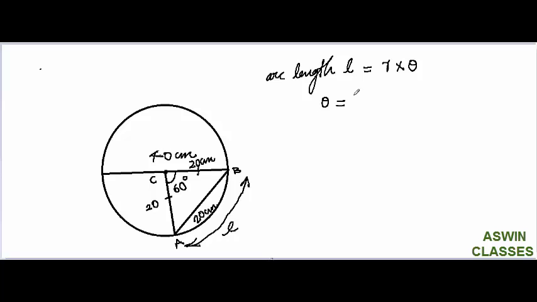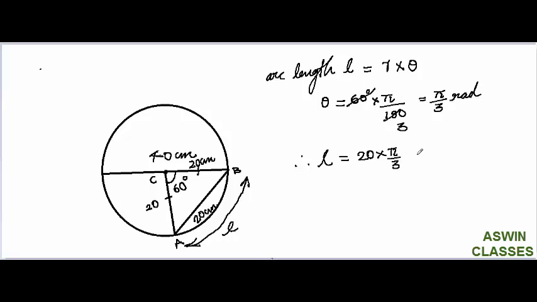So you have to convert that theta into radians. 60 degree, you have to multiply it with pi, then divide it with 180. This 3 times, so your answer will be pi by 3 radian. So the angle is pi by 3. Therefore the length of the arc L is equal to R, which is 20, into pi by 3. So the length of the arc is 20 pi by 3 centimeter.